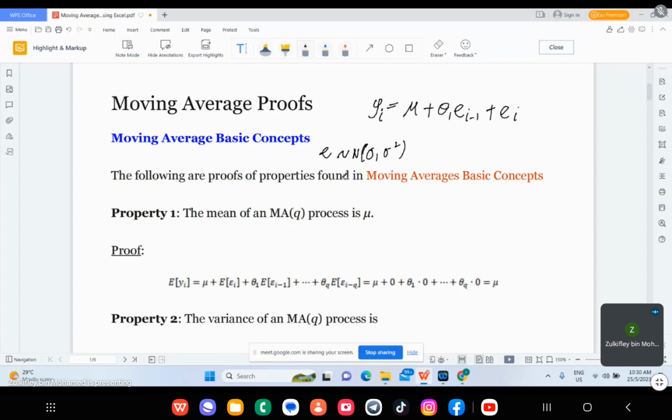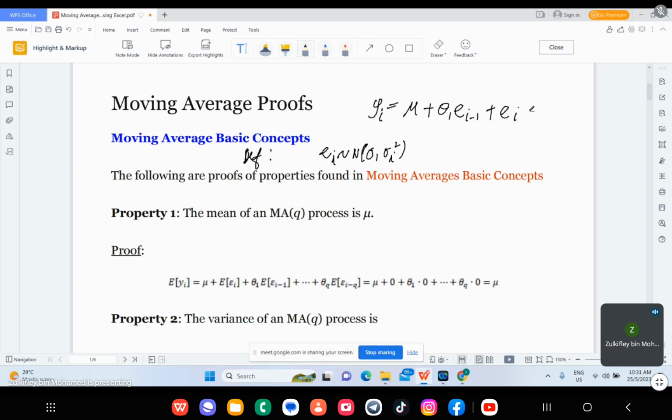That is epsilon. The epsilon is normally distributed. The residual is normally distributed with mean zero and variance sigma squared. Epsilon I is normally distributed with mean zero. These are by definition.